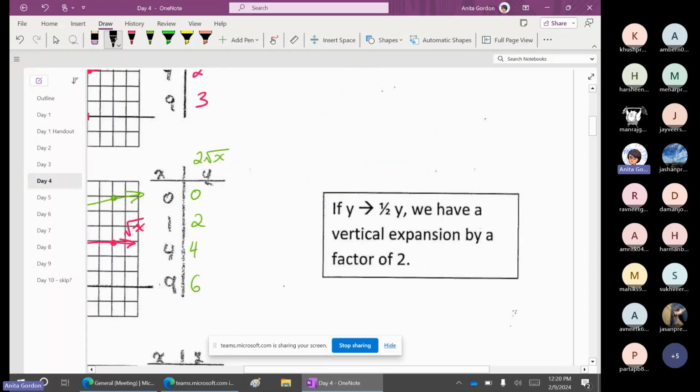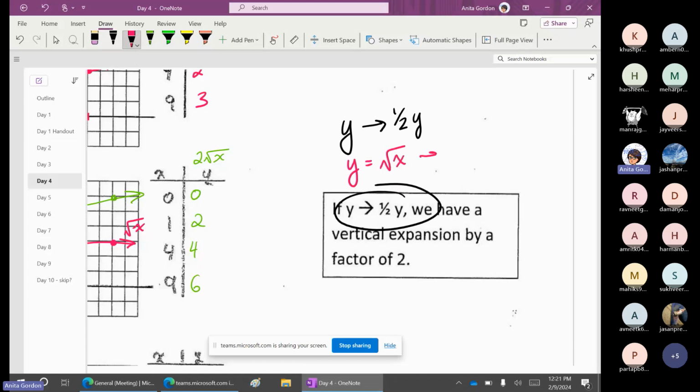So in my function, this is what I have done. I have taken my y and I have replaced it with 1/2 y. Well, if y equals root x, then 1/2 y equals root x. So I'm replacing it right there.